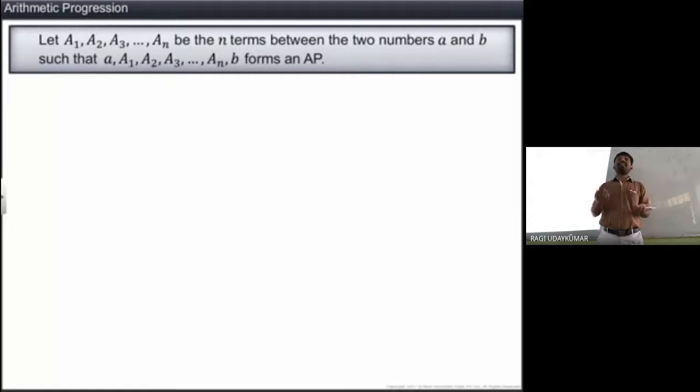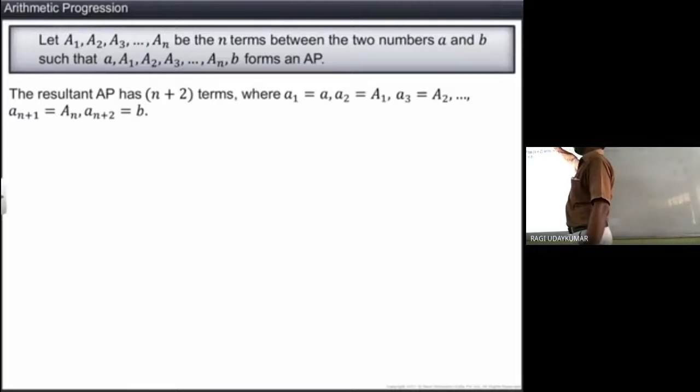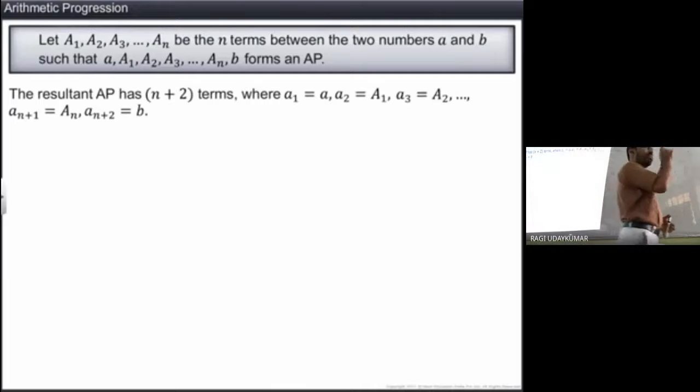Suppose it's more than one number. Here n numbers are inserted between the two numbers A and B: A, A1, A2, A3, and so on, An, B. Like this, n numbers are inserted. Earlier we inserted only one number, and to find it we used (A plus B) by 2.